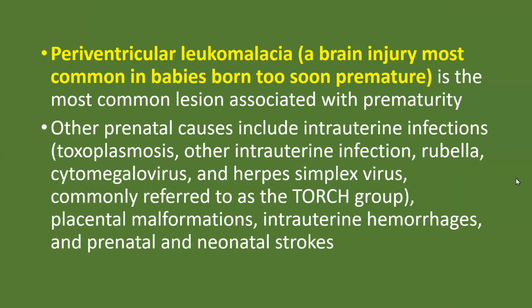Periventricular leukomalacia, meaning a brain injury most common in babies born too soon, premature, is the most common lesion associated with prematurity. This is part of some questions we ask. Which is the most common cause? It is periventricular leukomalacia, an intrafetal brain injury, which is premature. He's born premature.